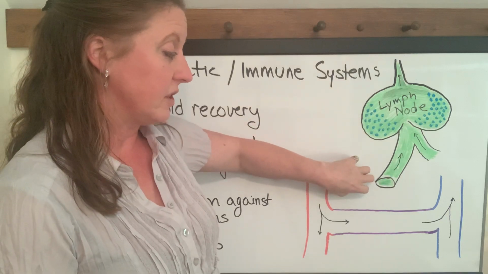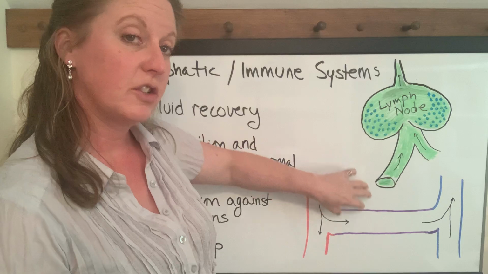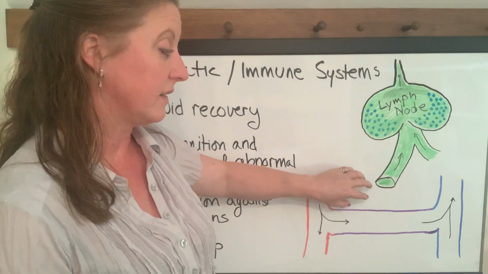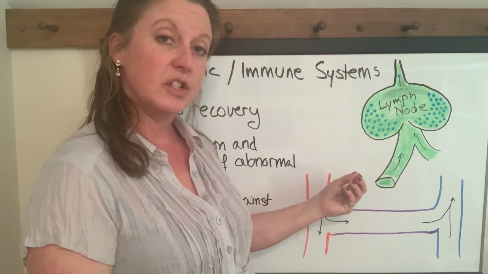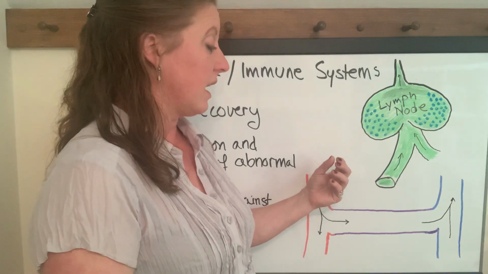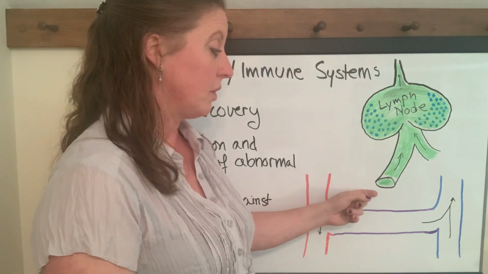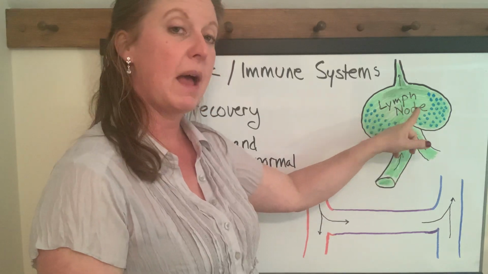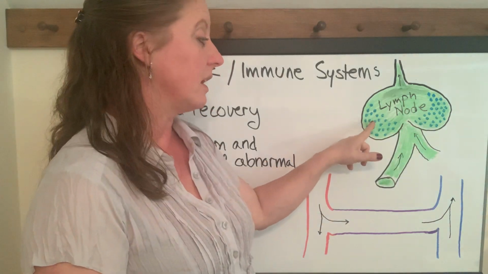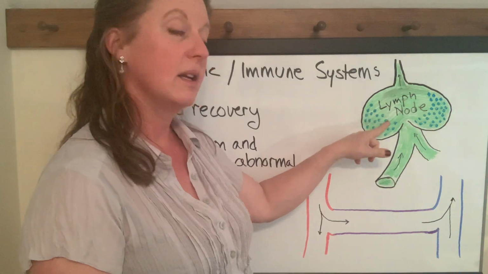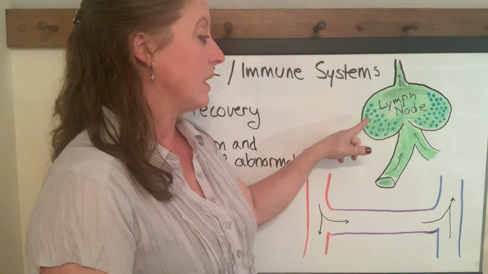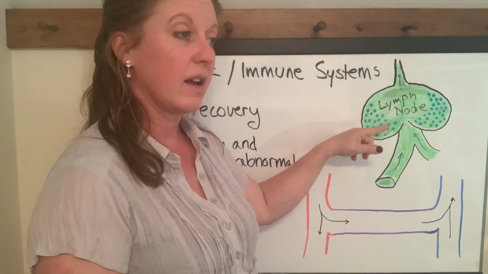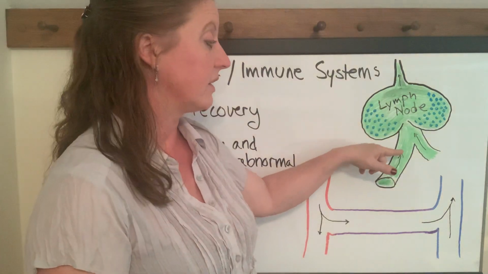If there are pathogens, if there's an infection in the tissue where this capillary bed is, then some of the antigens from the pathogen, the infection, will be siphoned up through the lymphatic vessels. And as they pass through, the lymph node is full of lymphocytes. And these lymphocytes, it's sort of like running the gauntlet.